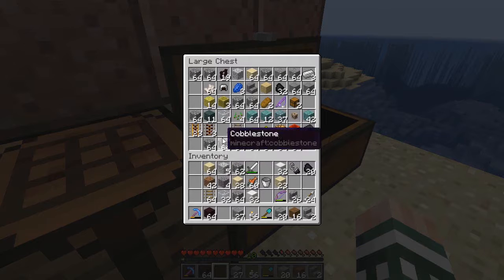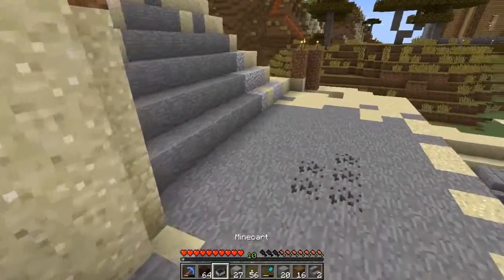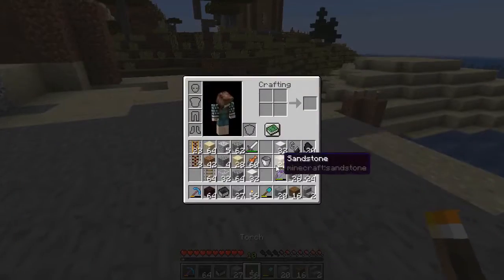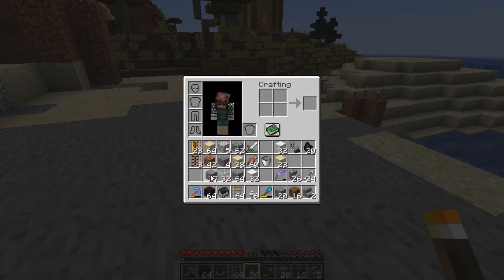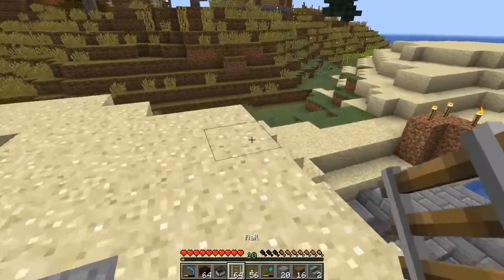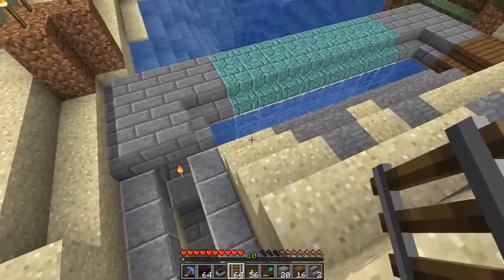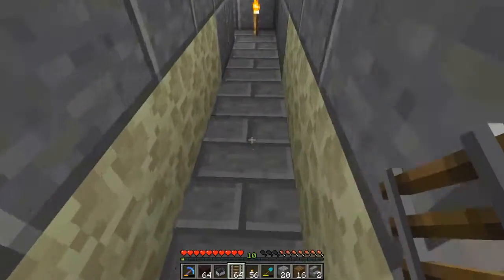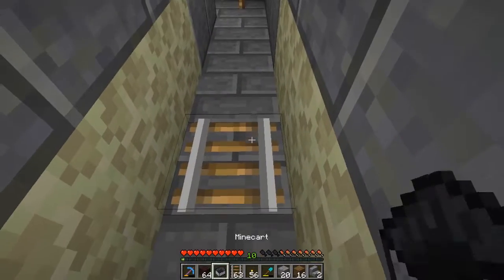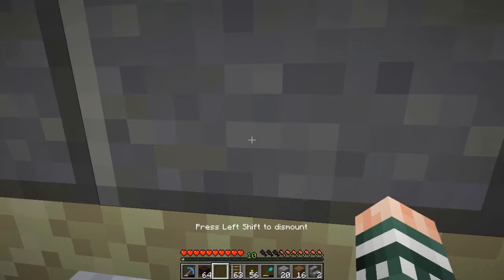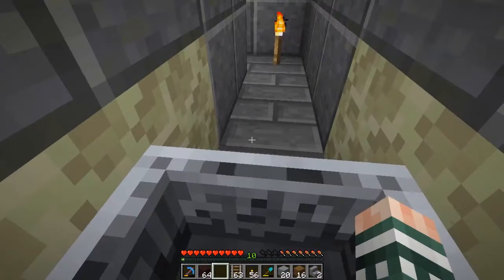Let's get some rail here and a minecart. And see how it looks. Alright, I'll have to flip them.